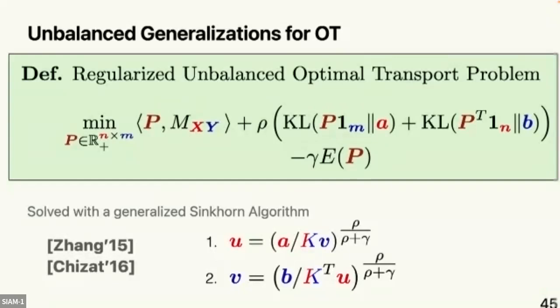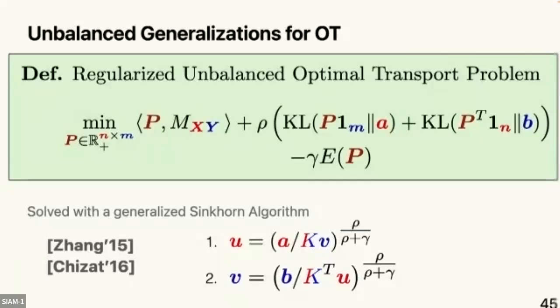So let me try to explain a bit. Before this, you could think that this value rho here was infinite if you wanted to be constrained, because you don't tolerate any deviation in the Kullback-Leibler sense between this matrix marginal and the marginal they are given. But if you introduce this penalization, you are going to run the Sinkhorn algorithm as we were doing before, except that now you apply an element-wise exponent to the vectors of the update.